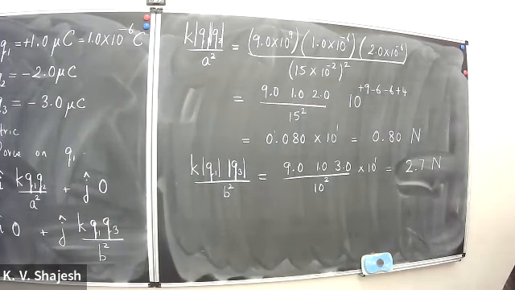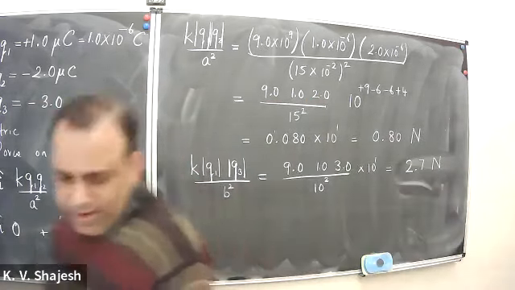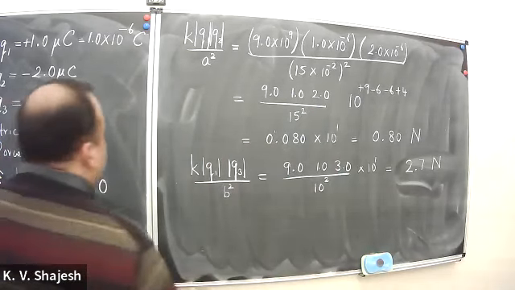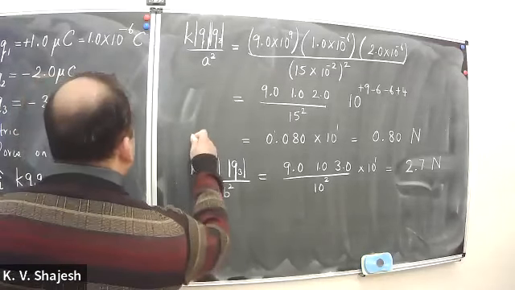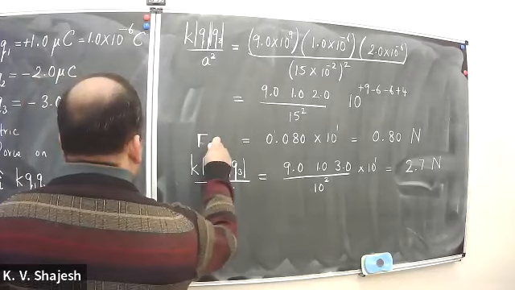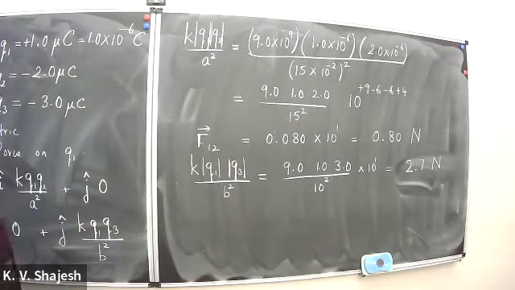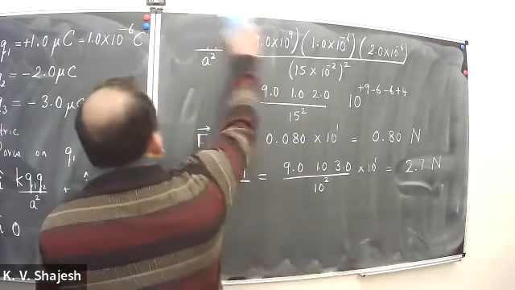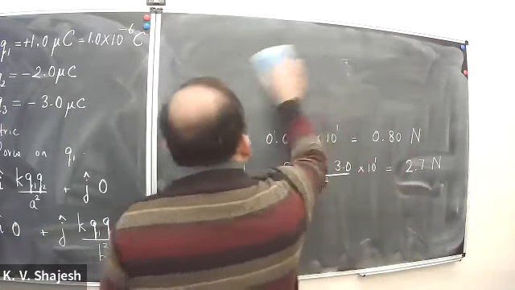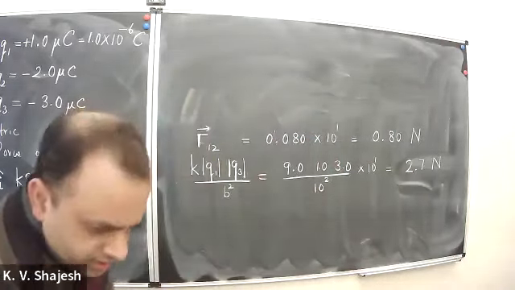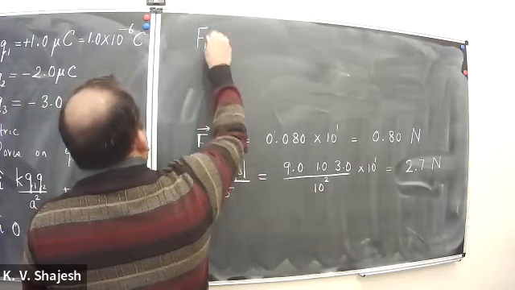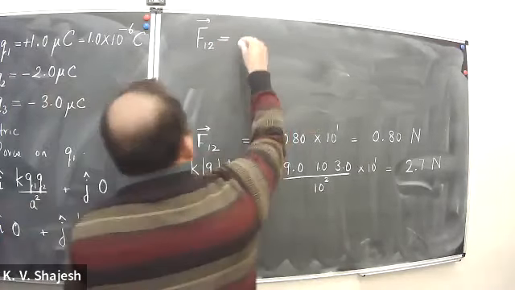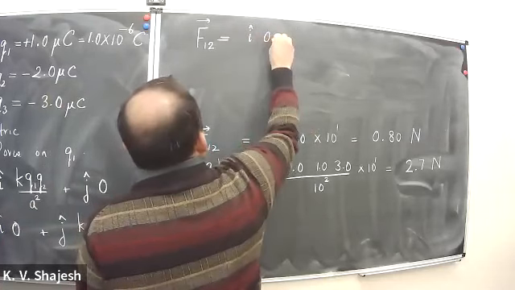Okay, so that's your numbers, but we still have to work out the magnitude and direction. So let's go back, let me say this is F12, so that I can erase a few things. If I were to use these things, F12 is equal to i hat times 0.8.